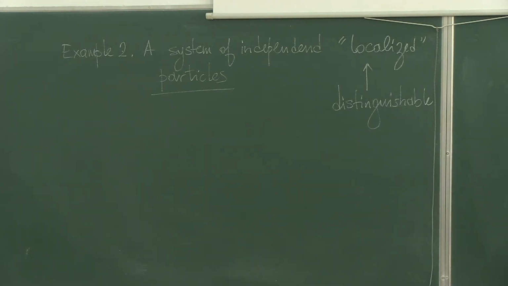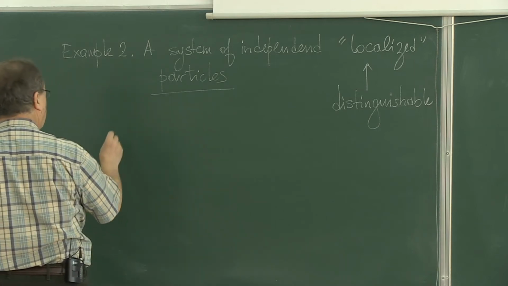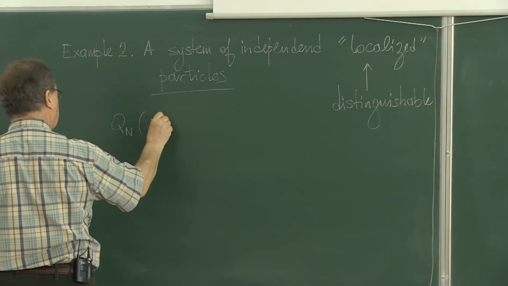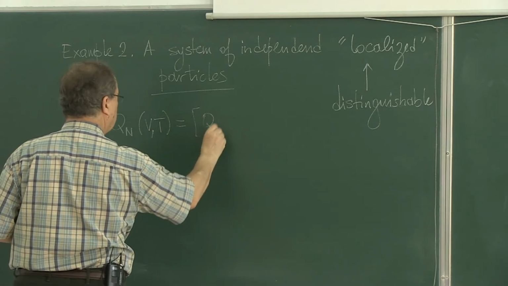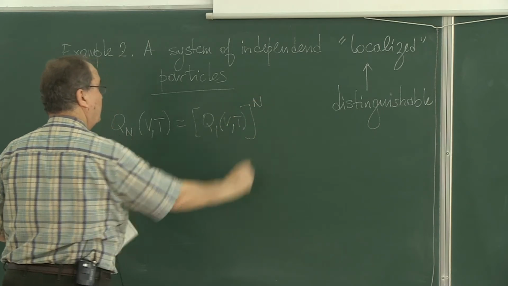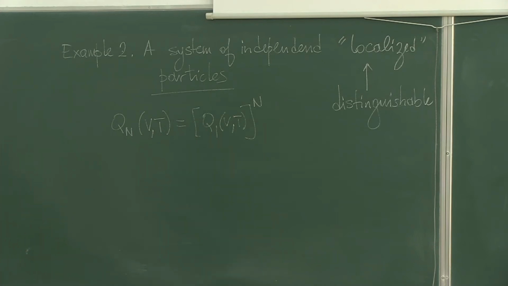First, if they are distinguishable, I can write the canonical N-particle partition function in terms of the single particle partition function simply raised to the power N. You don't divide by N factorial. Indistinguishable particles have that.